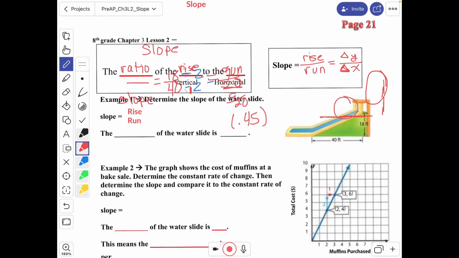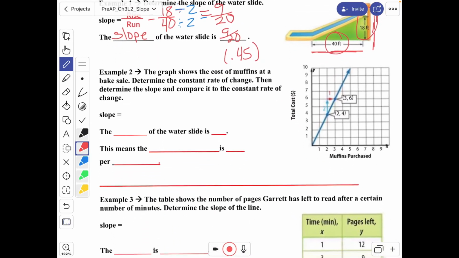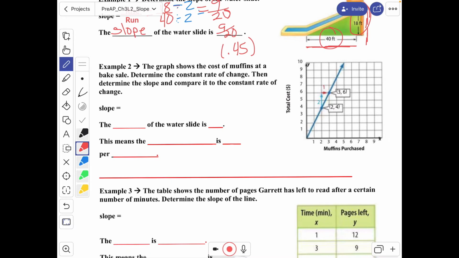0.45 is the slope. So example 2, the graph shows the cost of muffins at a bake sale. Determine the constant rate of change, then determine the slope and compare it to the constant rate of change. So again, the slope is rise over run. And this time they gave us 2 y's and 2 x's. So we're going to subtract them.